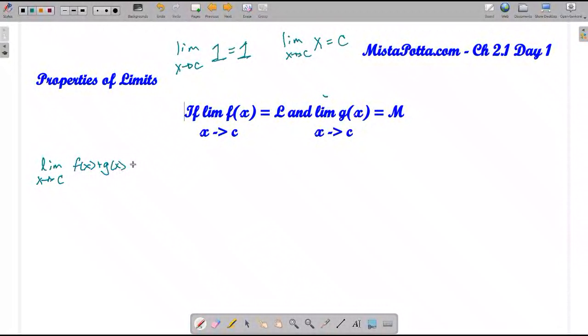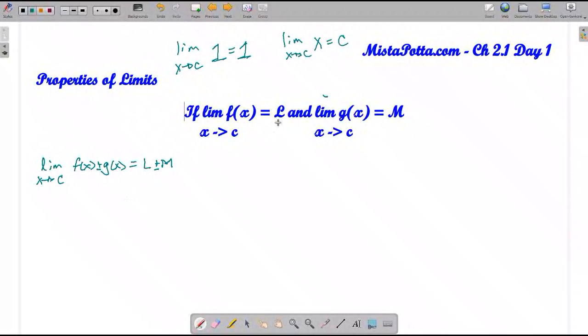And what we find is that this is equal to my limit L plus my limit M. And it really doesn't matter if I'm adding or subtracting these expressions. The sum of the functions will give me the sum of the limits. The difference of the functions will give me the difference of the limits.